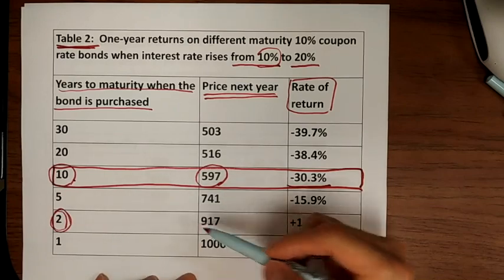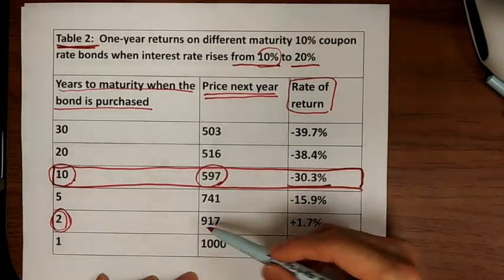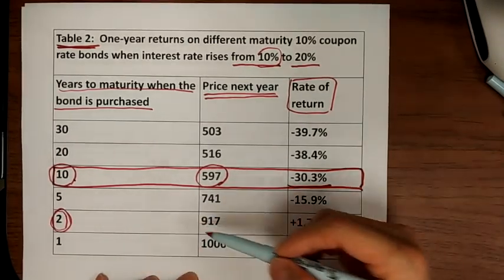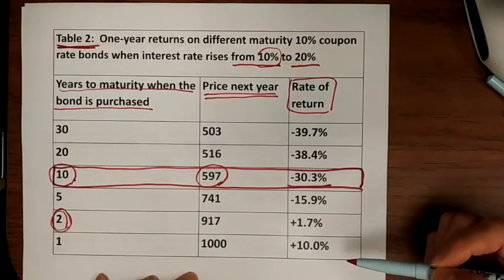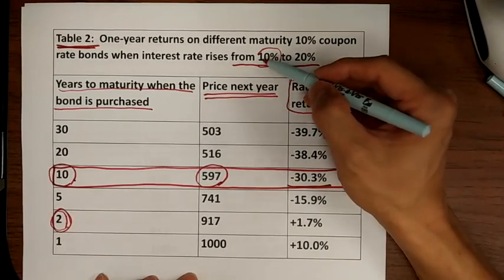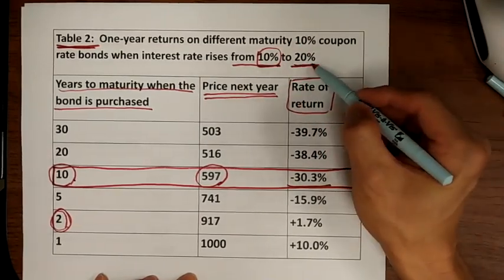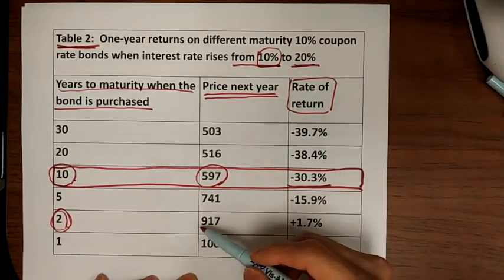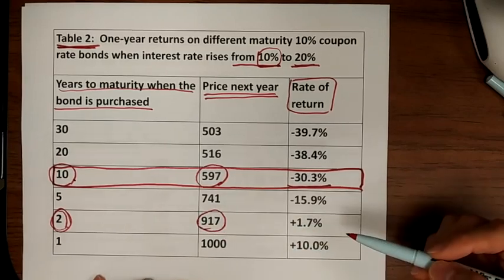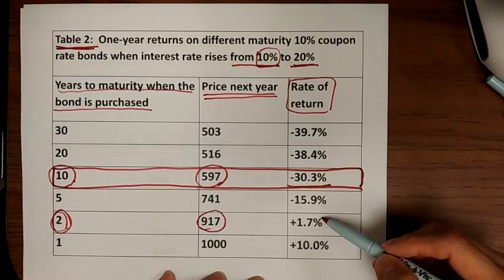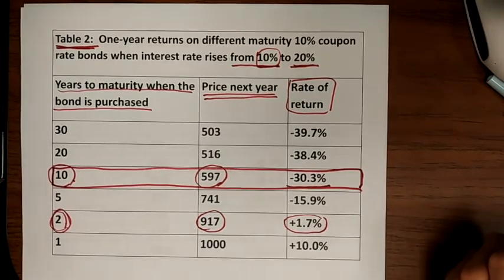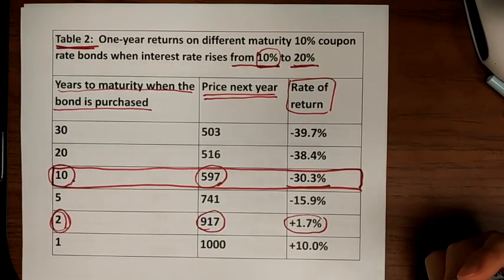You sell it after 1 year, and the guy who purchased your bond will hold the bond for 1 more year because this is a 2-year bond. And if the market interest rate goes up from 10% to 20%, this guy is going to pay you $917, and your rate of return will be 1.7%.